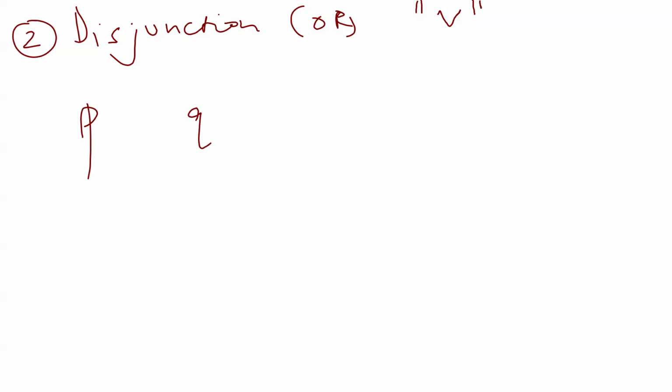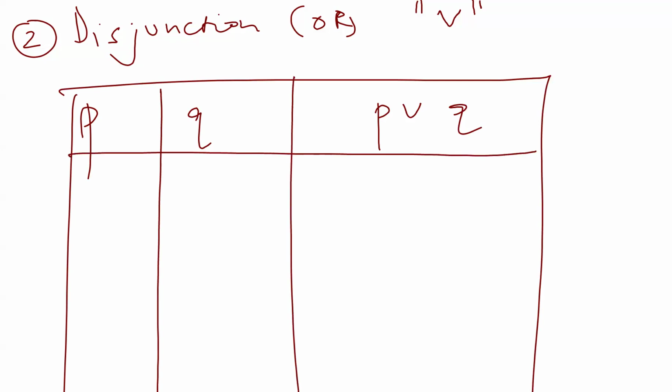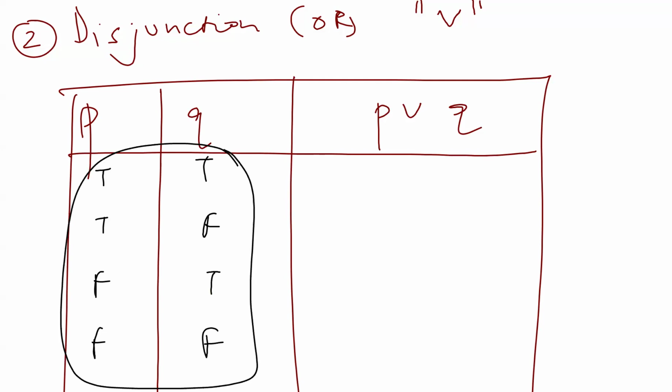Truth table, P, Q, P or Q. TTFF, TFTF. These are the inputs. This is fixed.